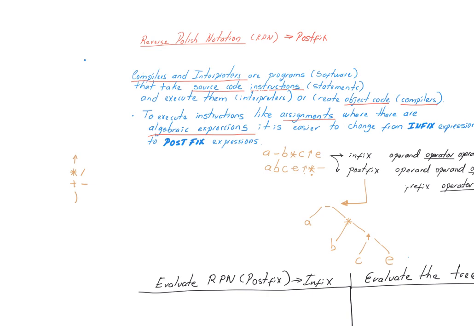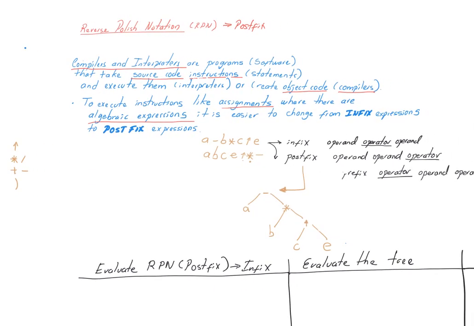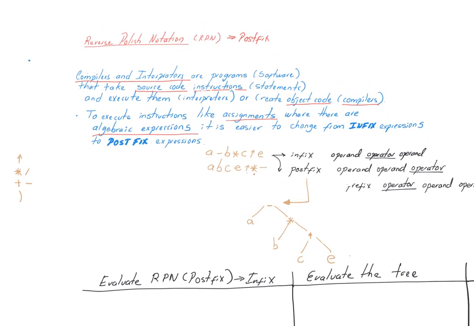For us humans, the infix notation is the most common because that's the way they teach us how to make operations. When we try to create a statement, let's say that I want to assign to a variable x the result of adding two other variables.